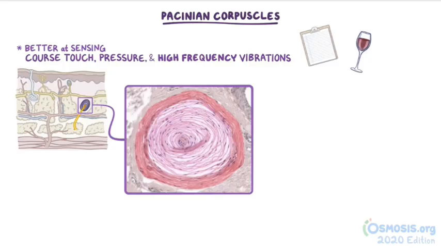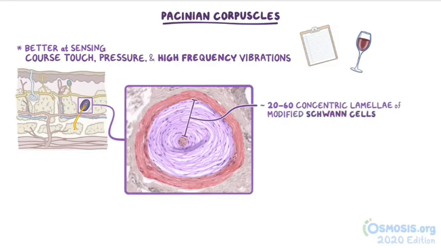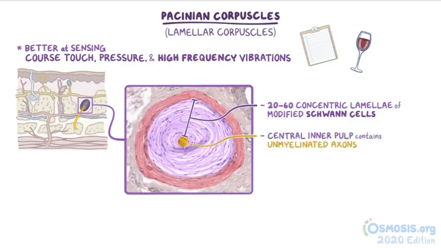The Pacinian corpuscles are large round structures that have 20 to 60 concentric layers or lamellae of modified Schwann cells. That's why these corpuscles are also often called lamellar corpuscles. The lamellae surround a central inner pulp that contains unmyelinated axons. In this image, we can see that the corpuscles are also surrounded by an outer capsule of connective tissue.